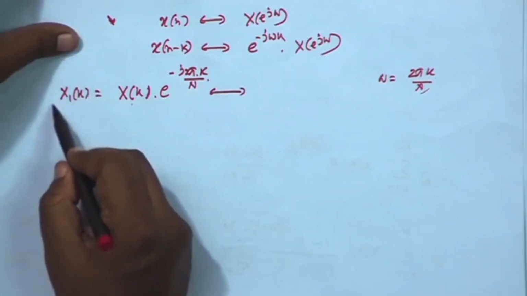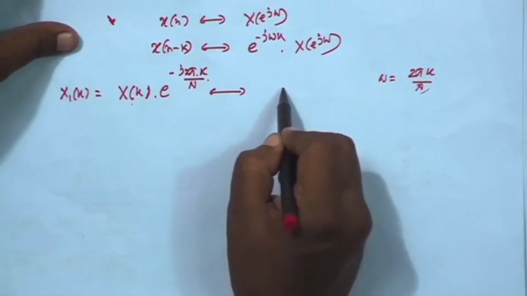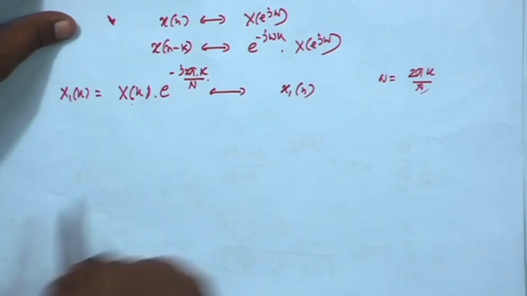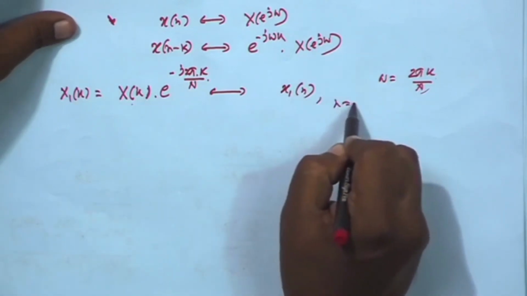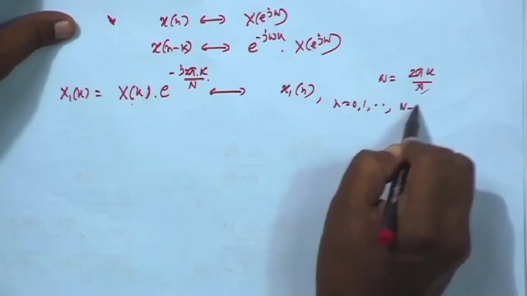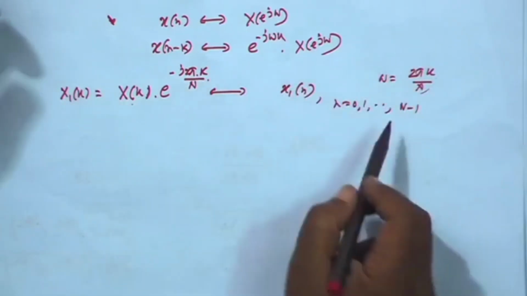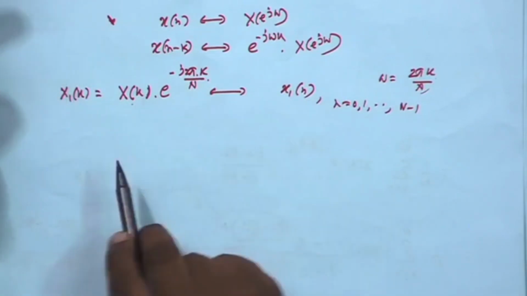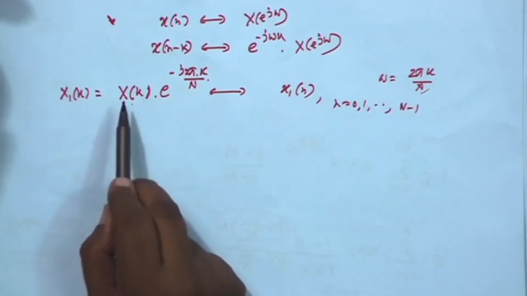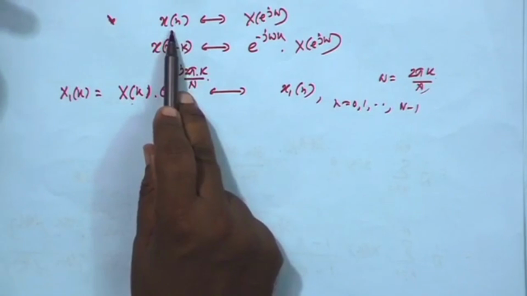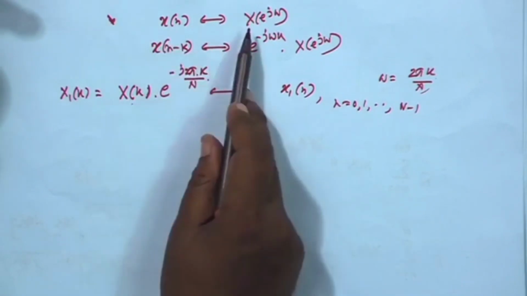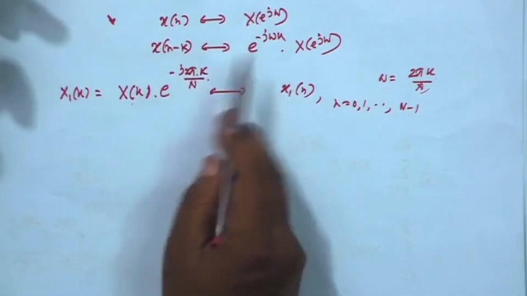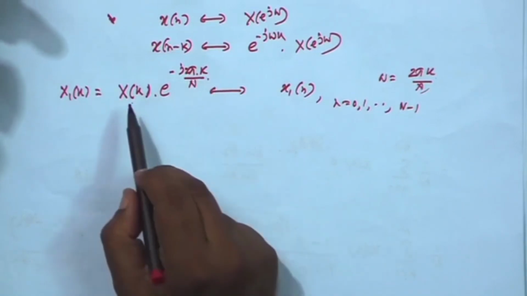If I take the inverse DFT of x 1 k, I will get some sequence x 1 n. I am taking n from 0 to n minus 1, that is, I am not making it periodic from minus infinity to infinity, just the basic period finite length block is enough. So, I repeat, capital X k came from the original x n, its DTFT was sampled, which gives rise to the n-point DFT.